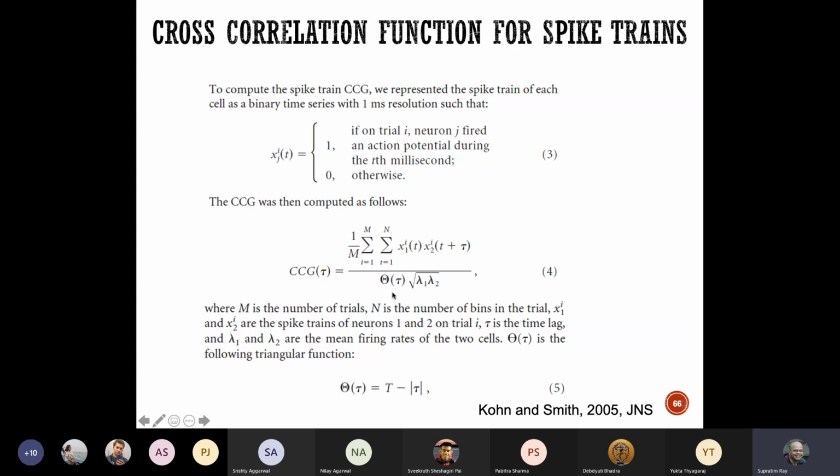And as the overlap reduces, this denominator becomes smaller. So this accounts for the fact that in a finite signal, the overlap reduces as the lag increases. So you penalize the smaller lags more than the larger lags.